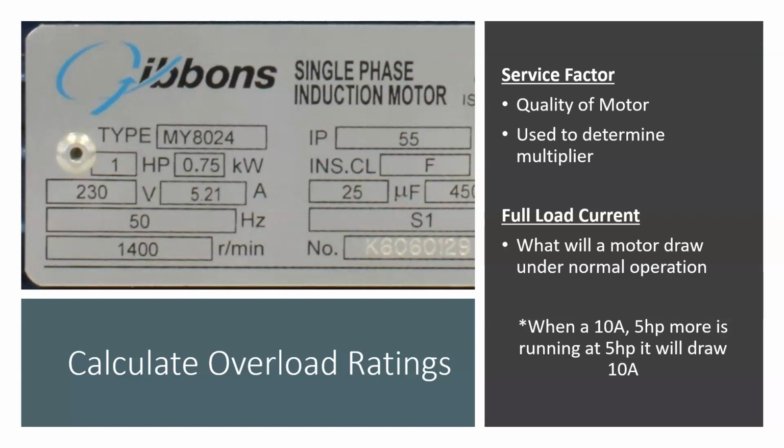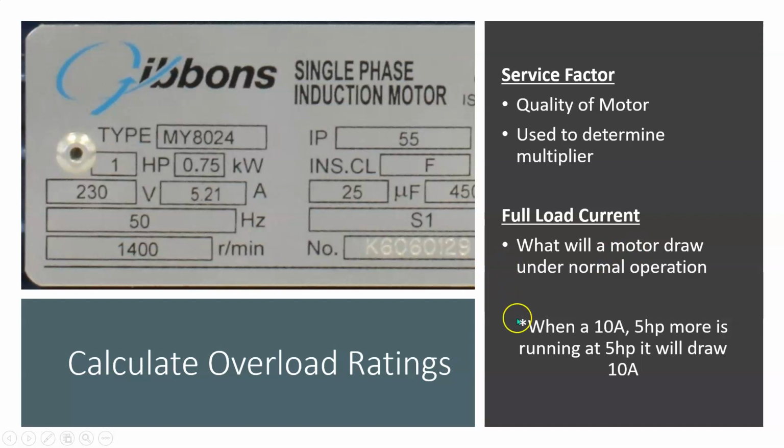That's the amount of current on average that it's going to be seeing. Obviously, there are going to be ups and downs based on different conditions of use, if it's being bogged down by a heavier load, but this is the average amount of current it's going to be drawing under normal conditions.